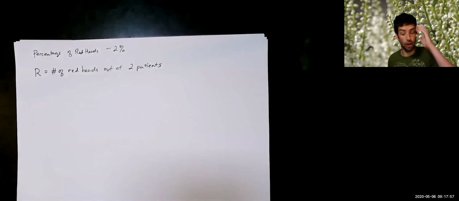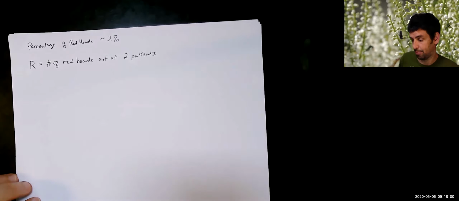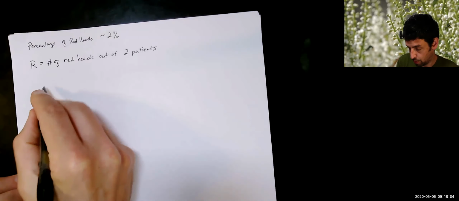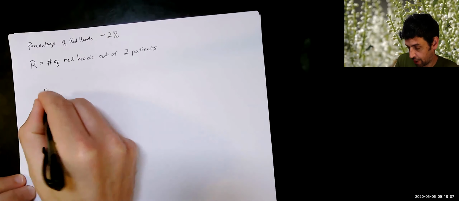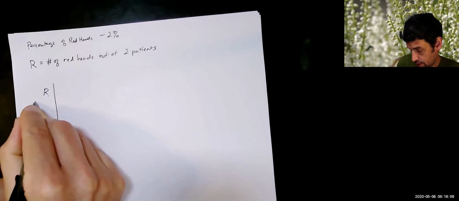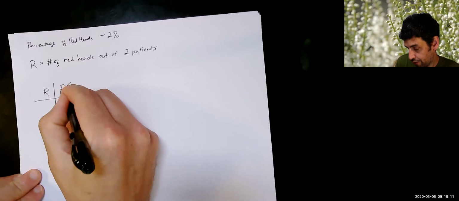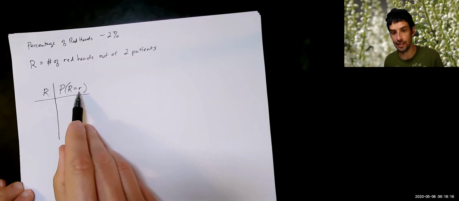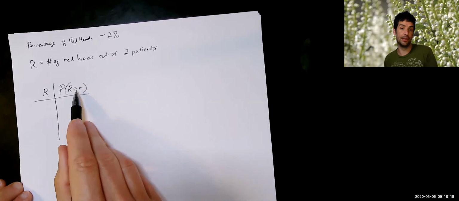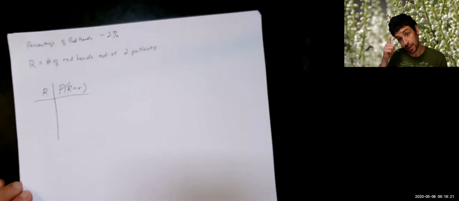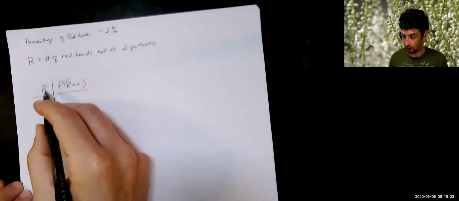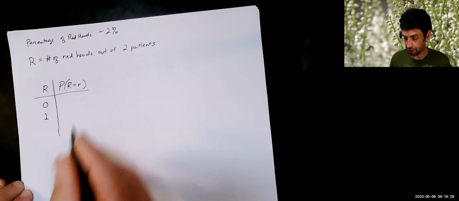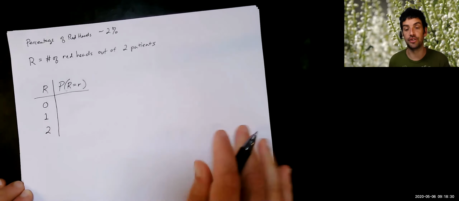When we build a probability distribution function, what we'll have is two columns, one for the values of R and one for the probability of those values. Again, I'm using little r here to represent the particular values that will show up here. So R can take on none of the patients could be redheads, one of the patients could be a redhead, or both of the patients could be a redhead.